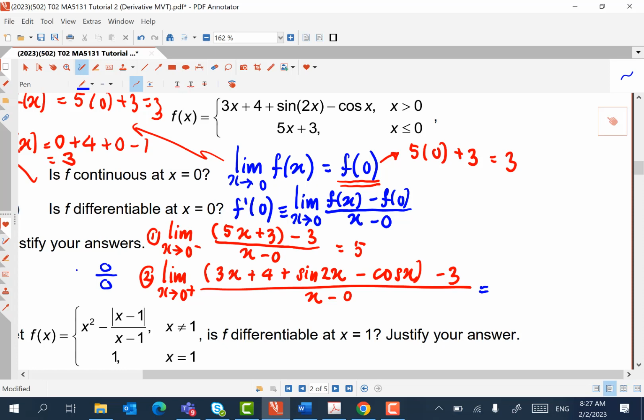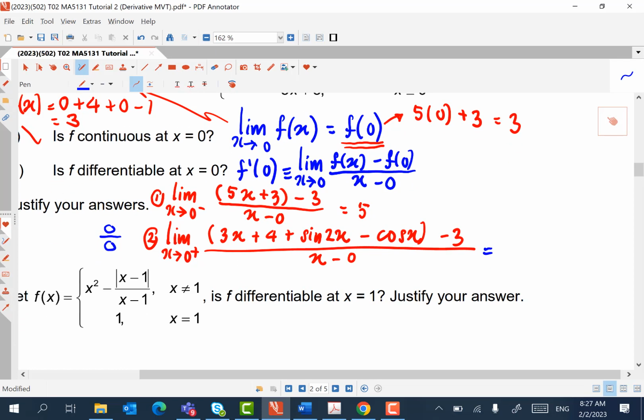So if you apply L'Hopital's rule once, for the numerator, you will be left with 3 plus 0 plus 2 cosine 2x plus sine x, whole thing over 1.